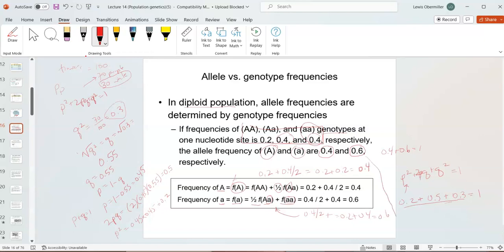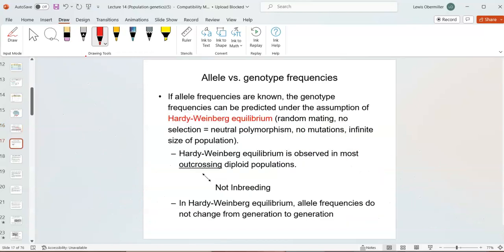And of course, these have to add up to 1. So 0.6 plus 0.4 equals 100%, or 1. That's how we can figure out the allele frequencies from the genotypic frequencies.